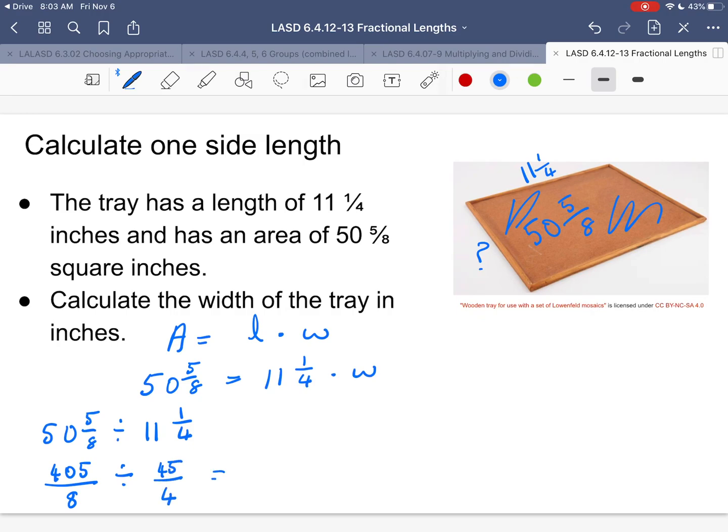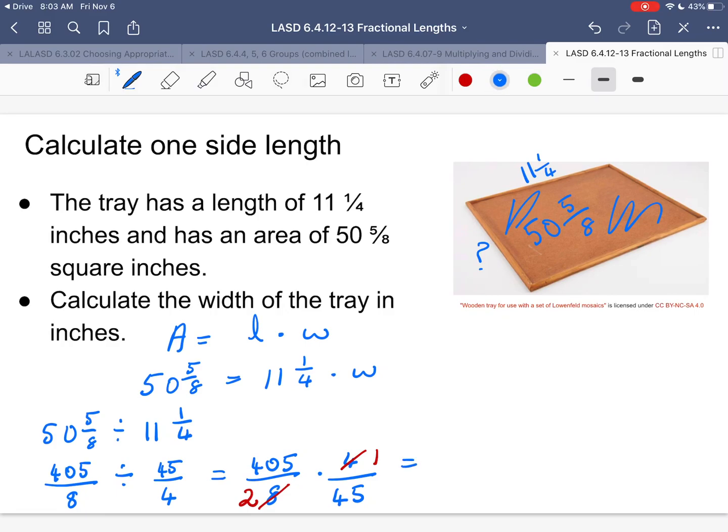And to calculate this I can multiply by the reciprocal. And I can cross multiply again here, or cross divide. 4 divided by 4 is 1, 8 divided by 4 is 2.